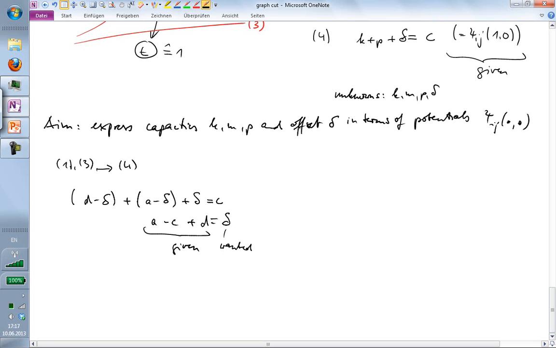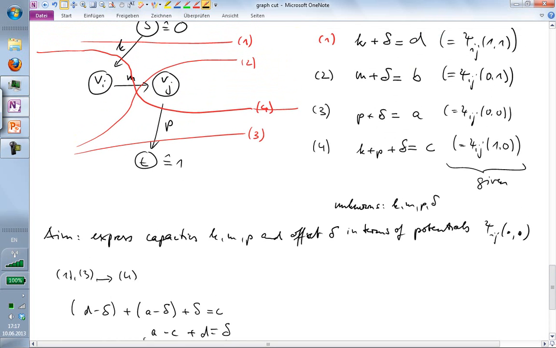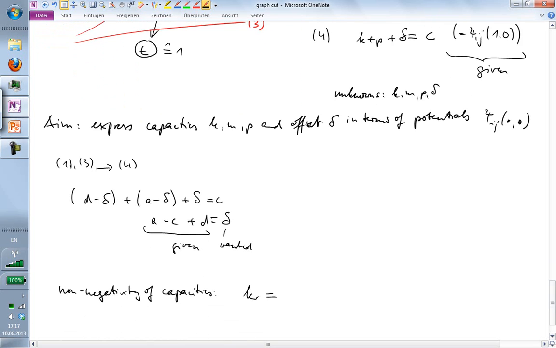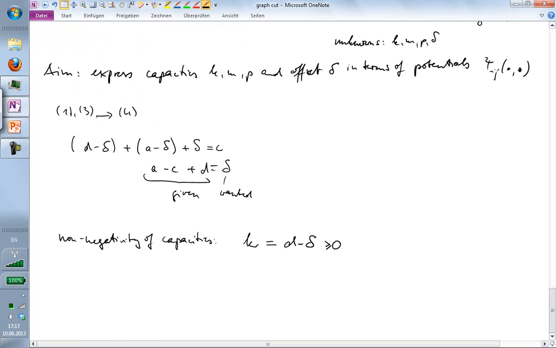Then in addition, I have non-negativity constraints, non-negative capacities, non-negativity of the capacities. So for example, K, which according to equation 1 is D minus delta, should be no less than 0.